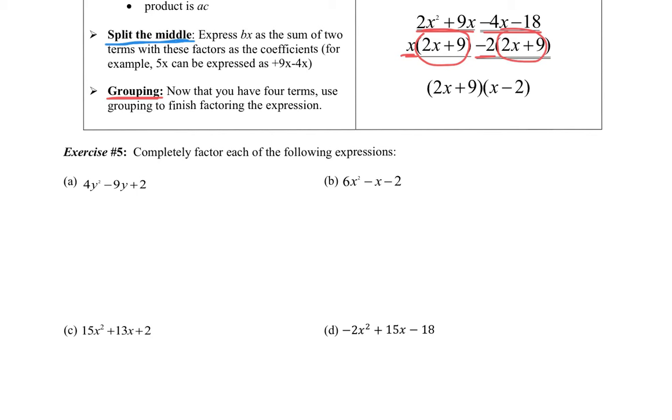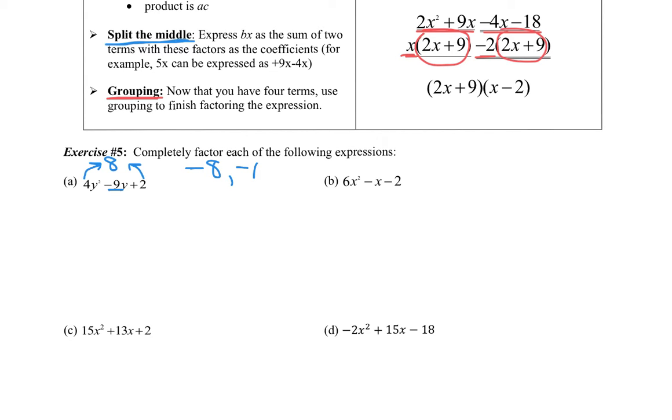So here we have 4y squared minus 9y plus 2. So now I'm trying to find numbers that add up to negative 9 and multiply to 8. And numbers that would work for that are negative 8 and negative 1. So I'm going to take that middle term, right?